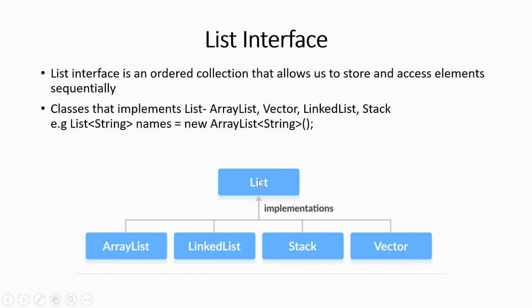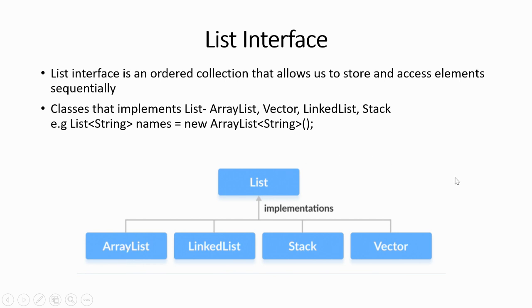So the list interface extends the collection interface, and these four classes implement the list interface, right? So we have an ArrayList, a LinkedList, a Stack, and a Vector. The widely used is the ArrayList if you want to have good performance, right?